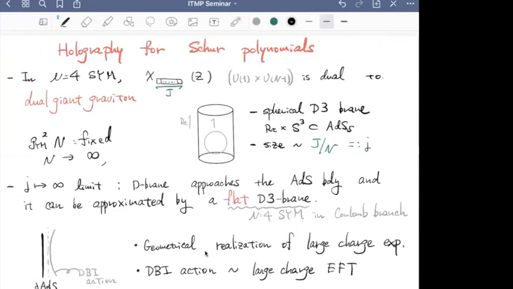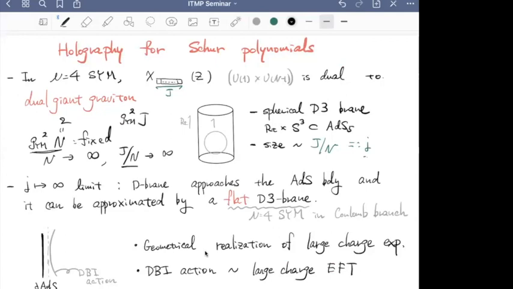And then I was further taking J over N to infinity, and then expanded in powers of 1 over J. But in the second part, N is really 2 because I considered SU(2) theory. So we cannot fix this object, and instead I fixed g_YM squared times J to be a finite value. So it's a different limit. Okay.